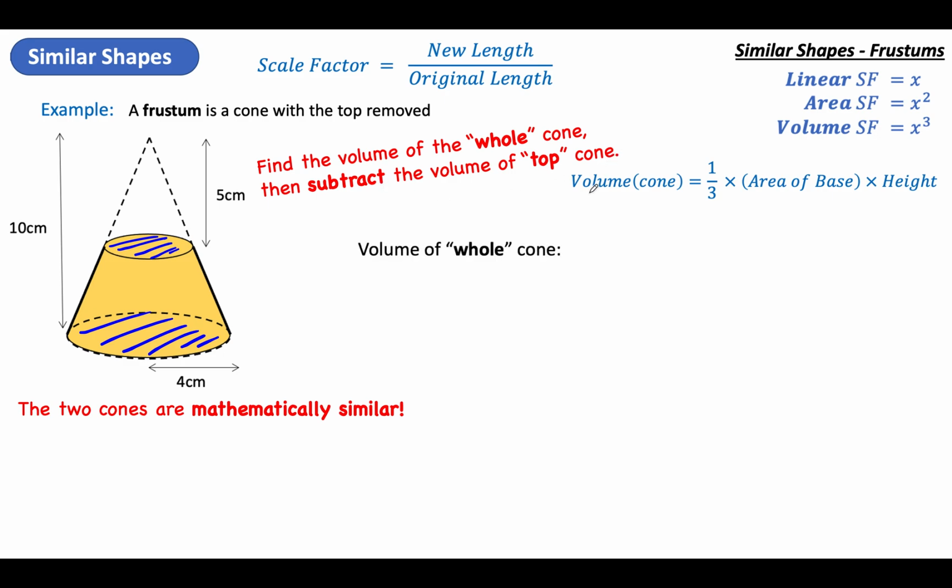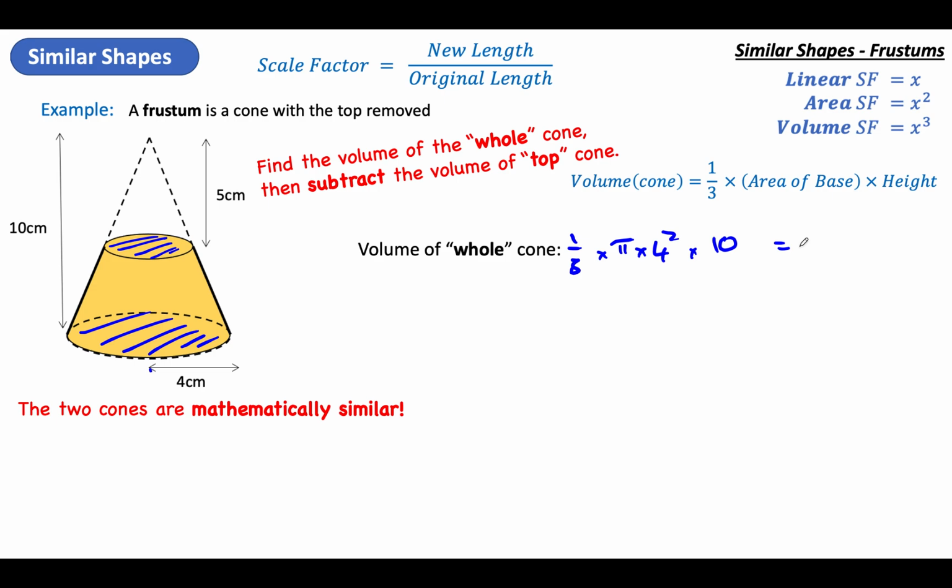Now let's find the volume of the whole cone. That's pretty straightforward. Use the formula, 1/3 times by the area of the base, and that is pi times by, this is a radius we got down here, so I'm going to use that, pi times radius squared, times by the height, which is 10. And let's see what that gives us then.